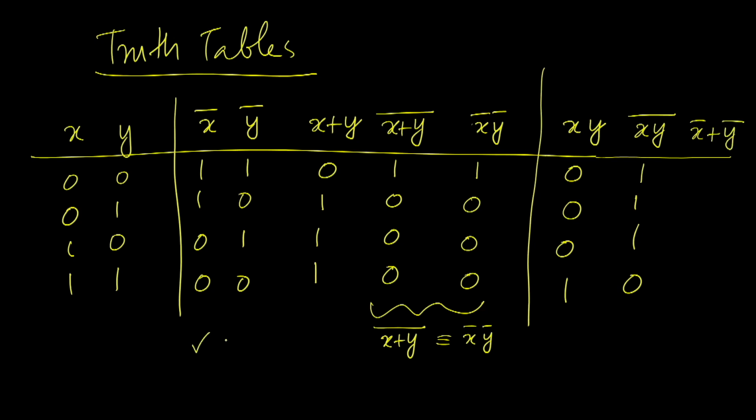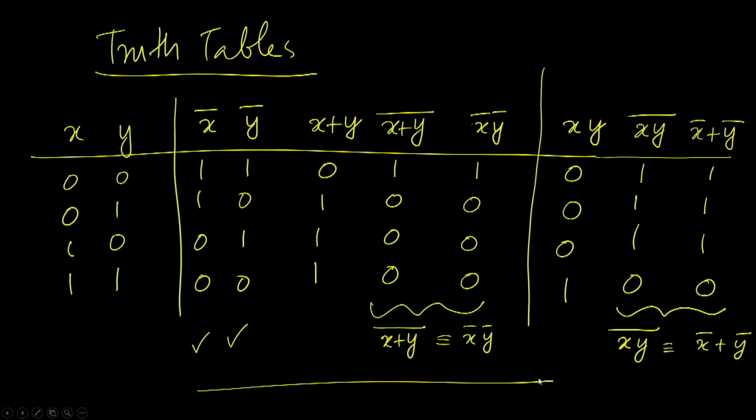We have x bar here and y bar here. If you take the OR of them, you get 1 here, 1 here, 1 here, and 0 here. So, you find that these two columns correspond. So, the complement of x and y is equivalent to the OR of x bar and y bar. So, this truth table establishes the two De Morgan's laws for two variables.